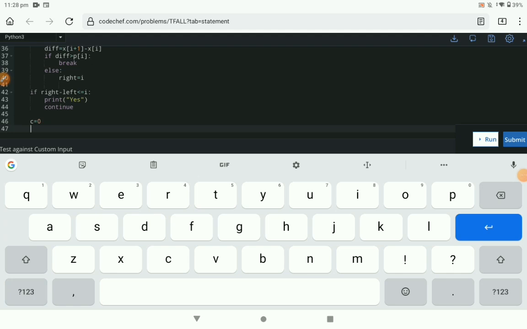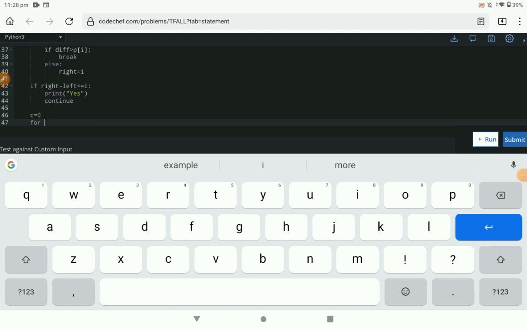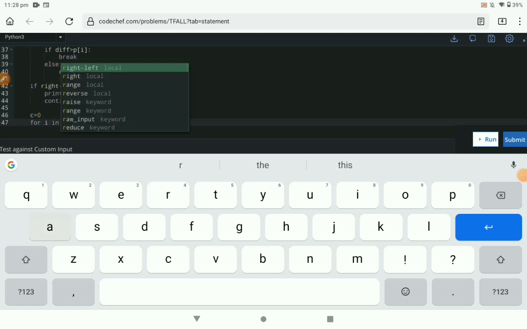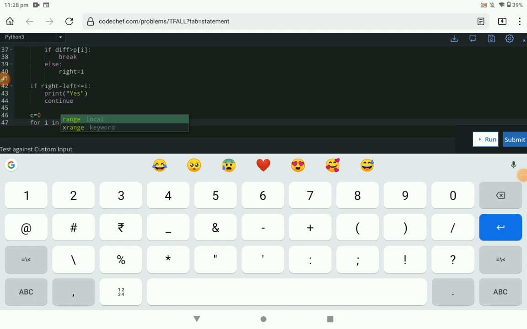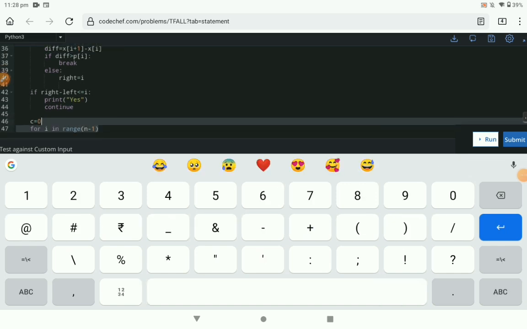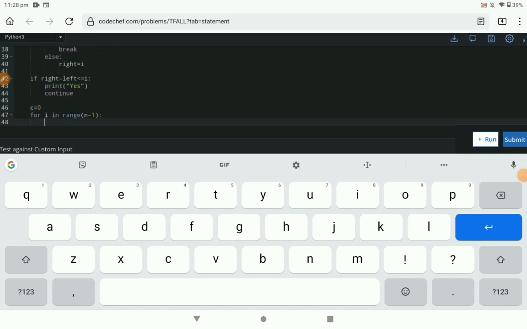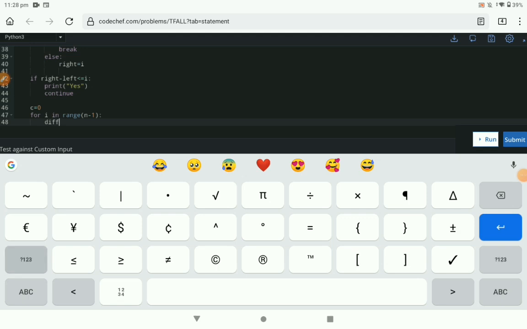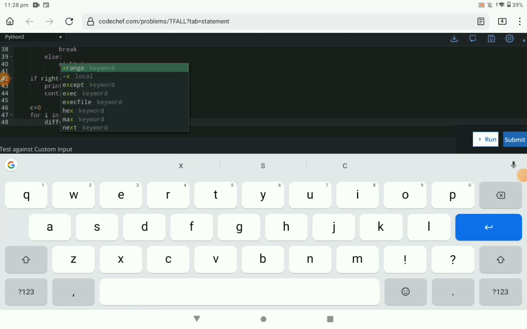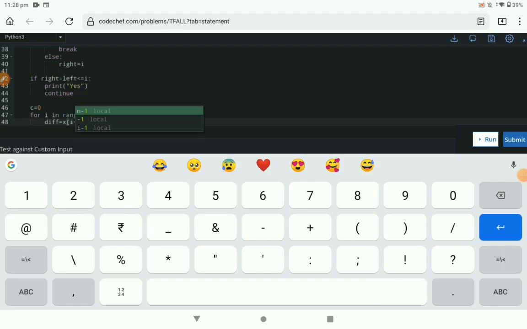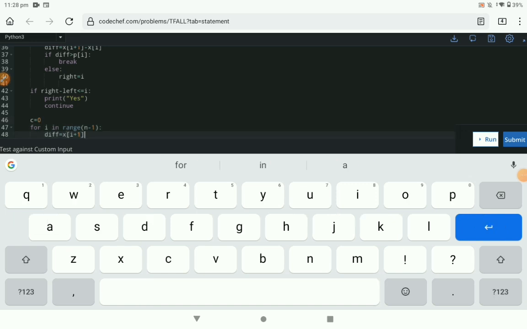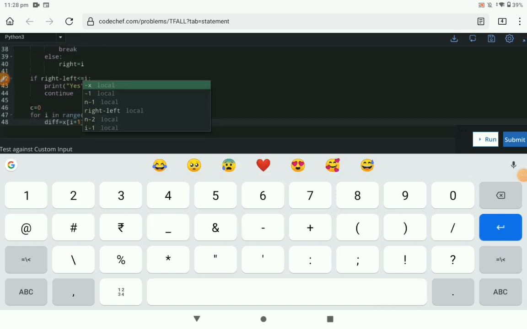Now we will run a for loop from left to right for i in range n minus 1, where diff equals x of i plus 1 minus x of i.